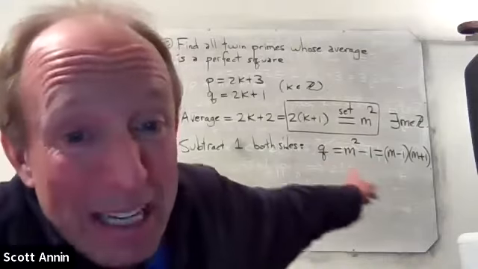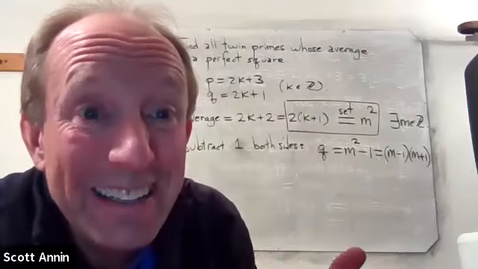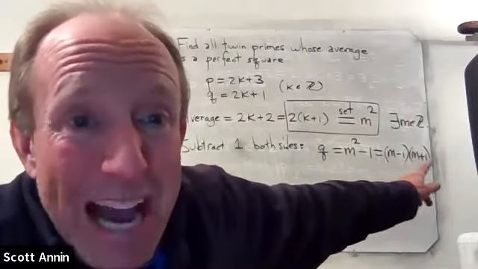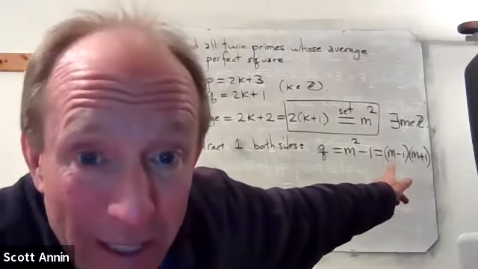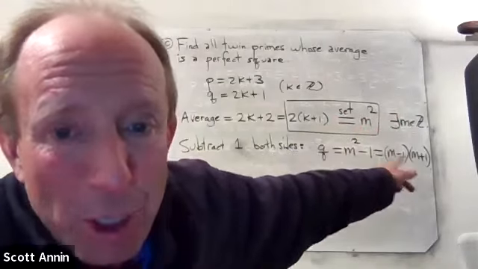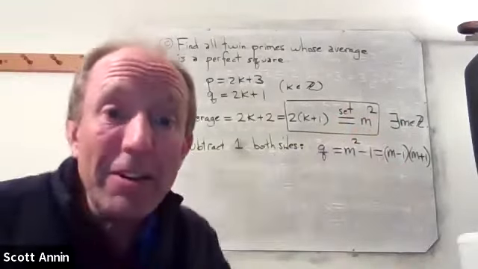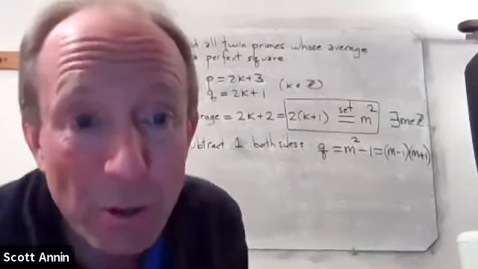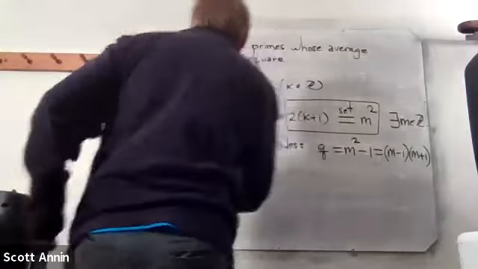Doesn't it basically mean if Q is a prime, you cannot factor it except trivially? So one of these 2 factors has to be 1. And it's going to be the smaller one. By the way, we may as well assume that m is positive to begin with, so we're not multiplying 2 negative numbers here. m is definitely going to be a positive number. So the smaller of the 2 numbers is m minus 1, right?